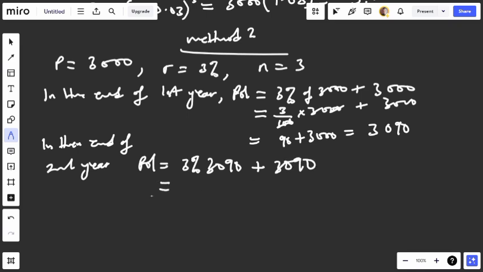When you do that with your calculator to make it faster, you'll have 92.7 plus 3,090.